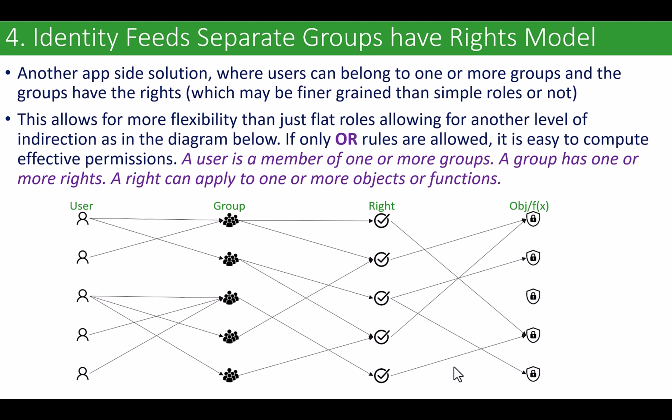But remember, groups go away once a user logs in, right? We're going to do a determination. And it may be that it is impractical for a user to carry around some cryptographic artifact that has their objects and rights in it, and instead they carry around a subset of the common ones, a most recently used list, for example, or just common ones like they can see announcements or whatever, and then every time they try to access a specific thing, it actually does the appropriate lookups to say, can I get to this?